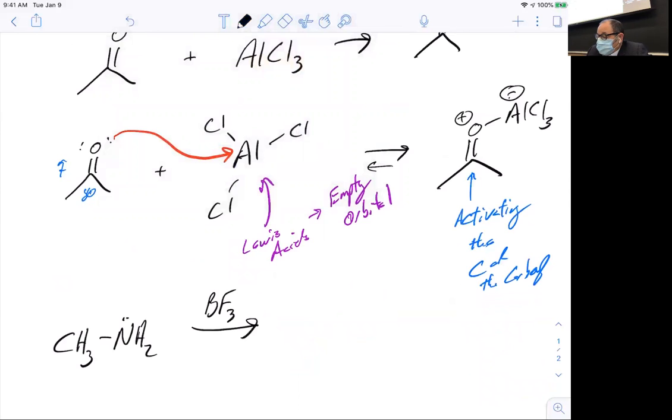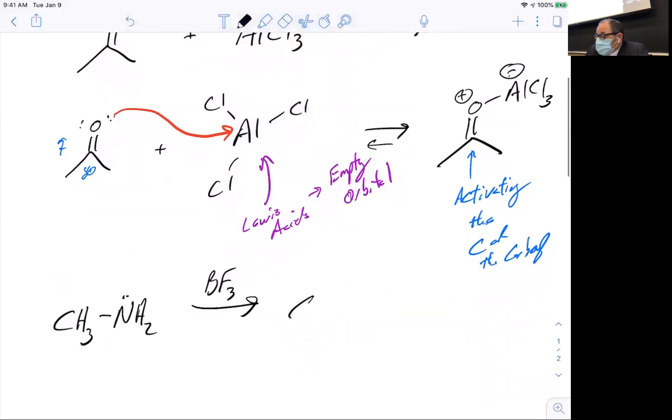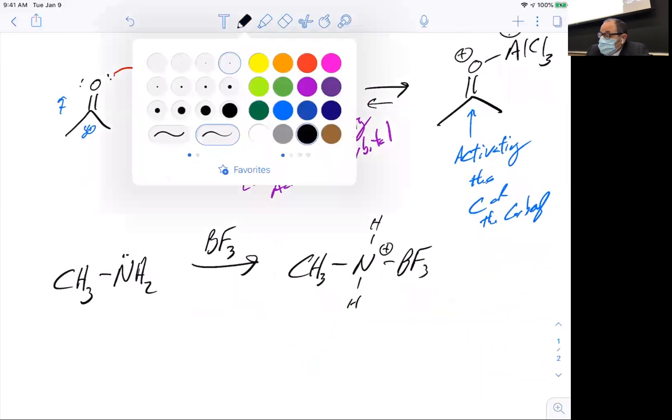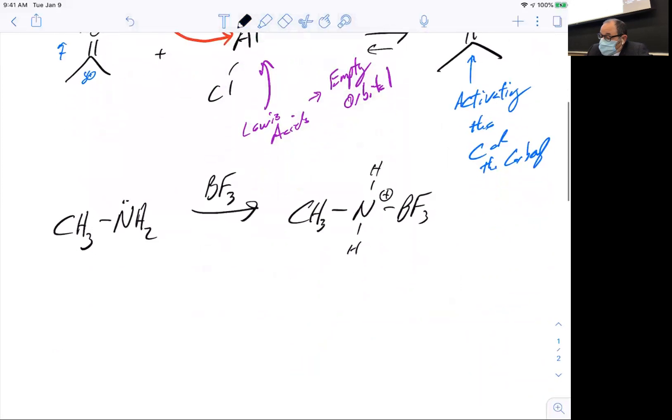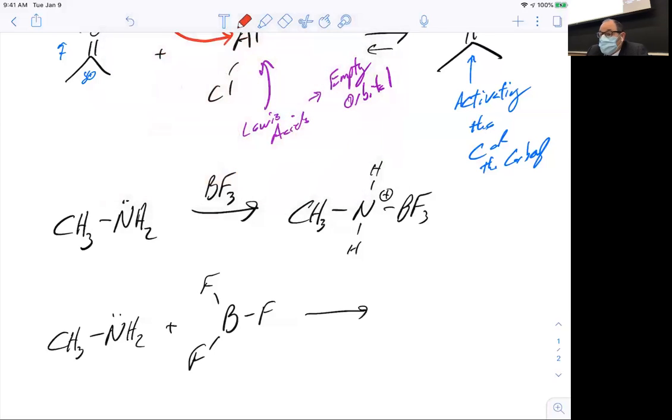We can also have examples with nitrogen. Again, we have an empty orbital. The result in that, if we want to draw that one out, look at the reaction. Again, the boron has an empty orbital.